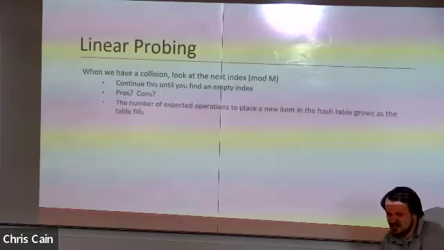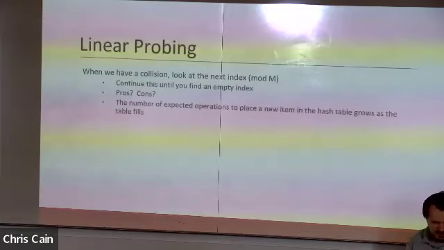So the thing to take note of here is that how expensive it is to put a new item into the hash table gets more and more expensive. It approaches linear as the table fills up. If the table is empty, there's nothing in the table. How long is it going to take to insert?